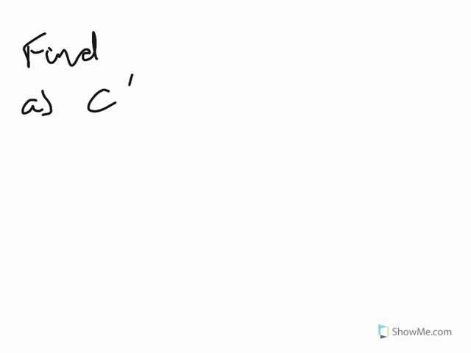C dash, or C complement, means everything other than the stuff in C. So everything other than in C is, in this case, the ones in D only, which is 2, 6 and 10, and anything else that may be outside all those circles. Now in this case there is none of those. So it's simply 2, 6 and 10.